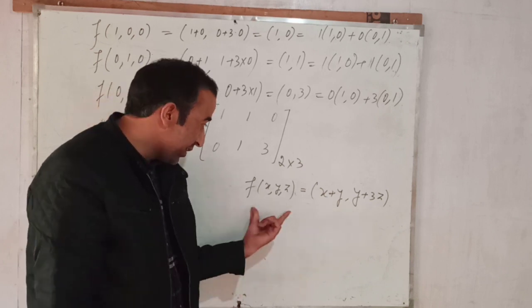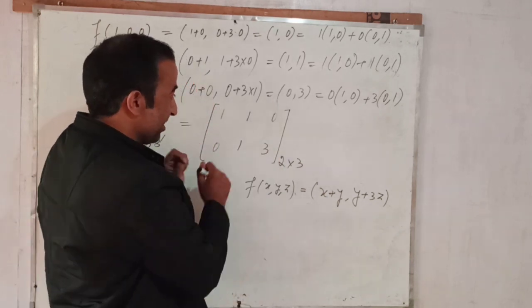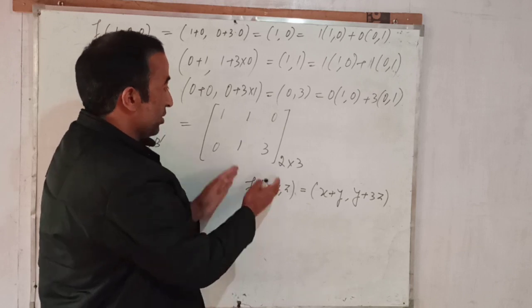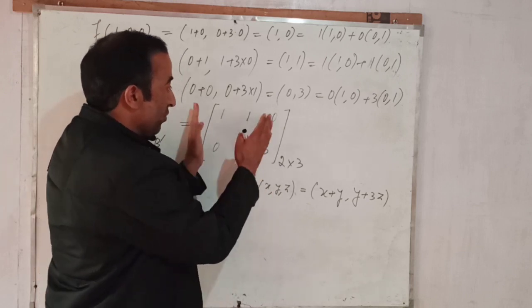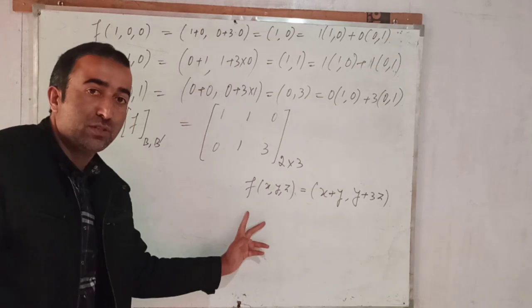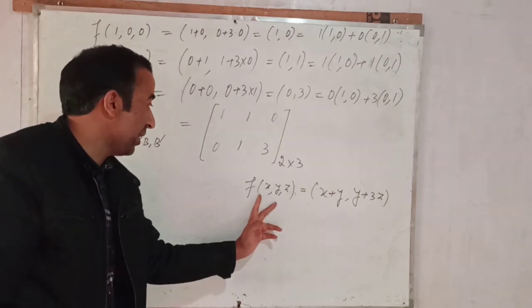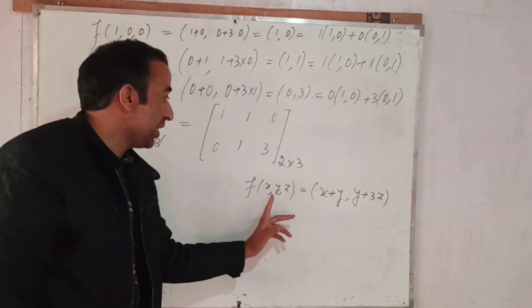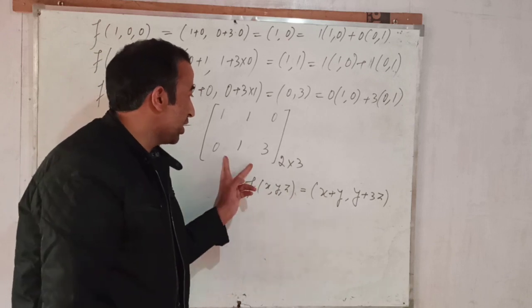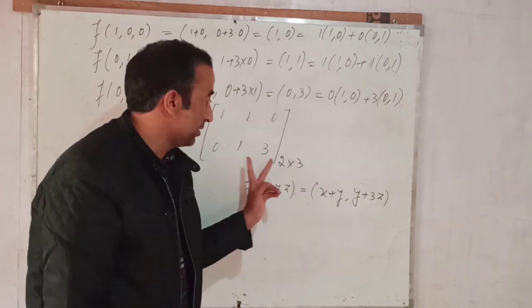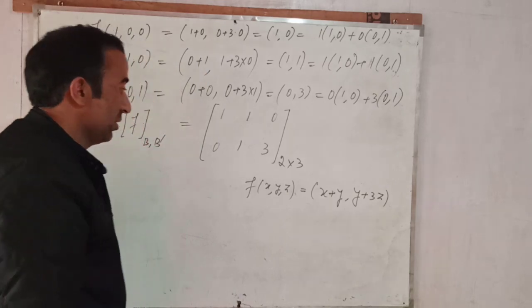But now I have written the same map as a matrix. This is just a change of notation. The effect must be the same. That is, if you apply f to any (x, y, z), you get this thing. This should also give the same effect if we apply this to any vector in R3.